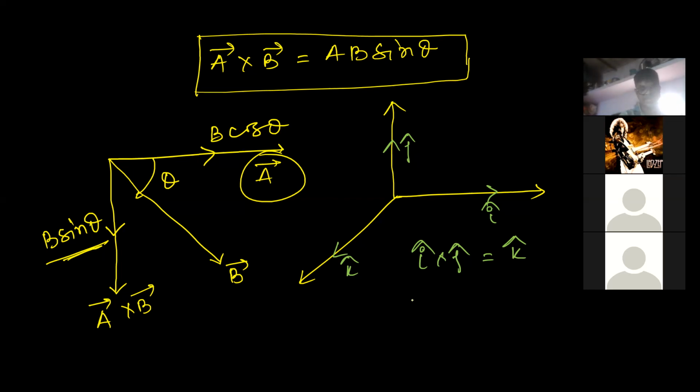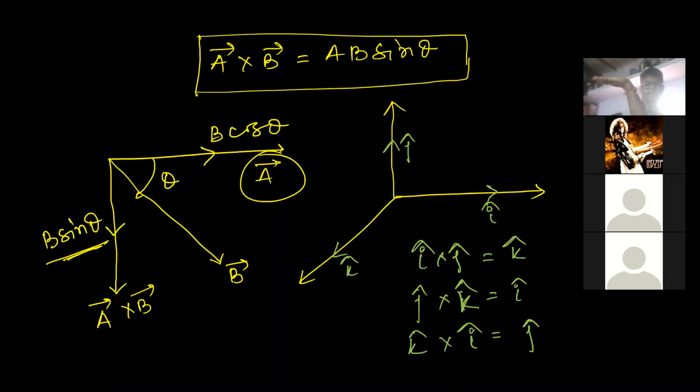So in this case, we can say that j cap cross k cap equals I cap. Similarly, if this is my k cap and I am multiplying the I cap like this, obviously I will get j cap. So the final expression is that k cap cross I cap equals j cap.